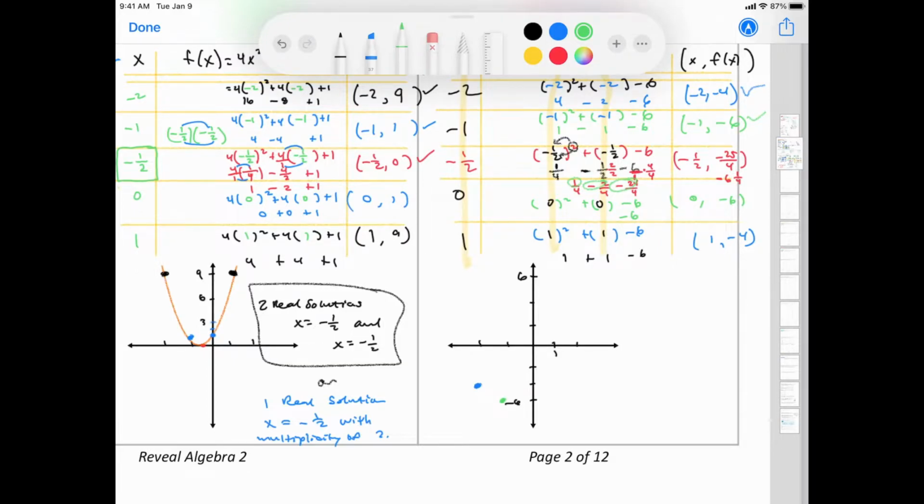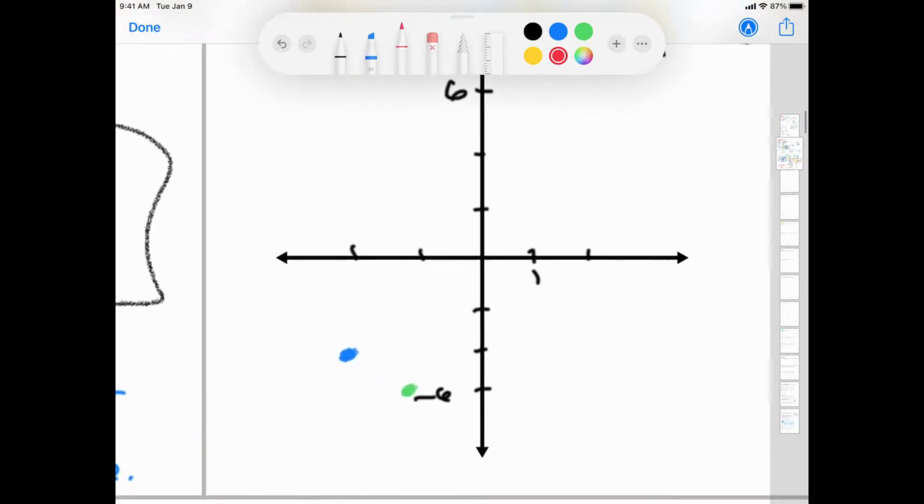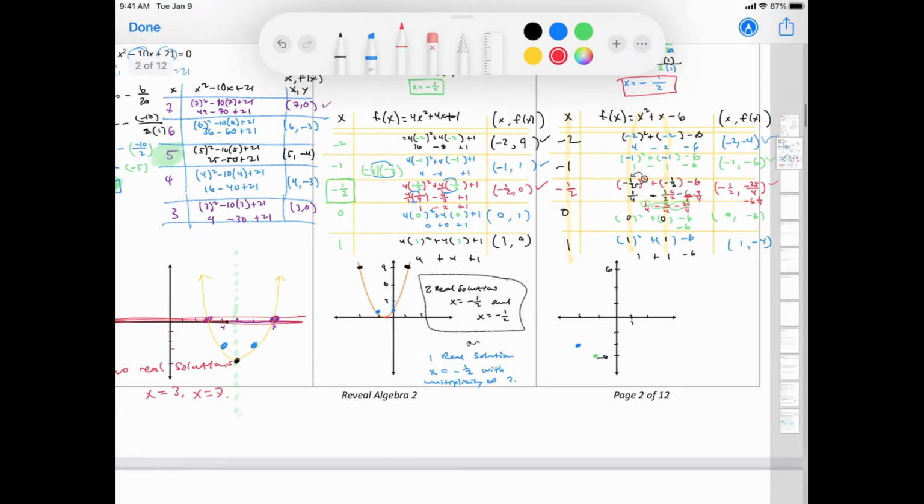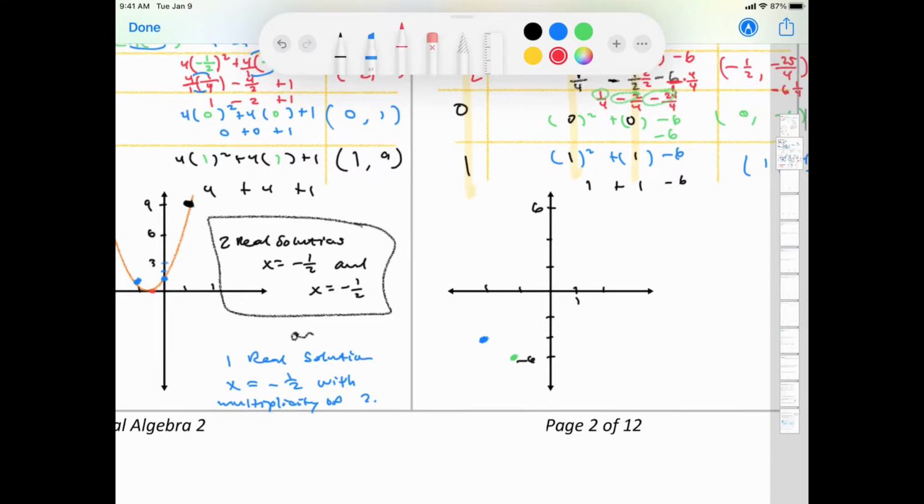Okay, let's do this one. Left negative 1/2 or negative 0.5, which is between 0 and negative 1. So let's put that axis of symmetry in. My graph goes through that, if that makes sense.